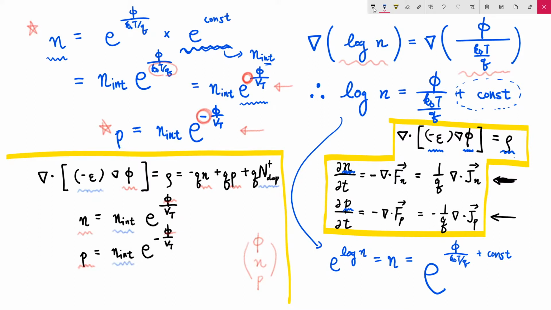And when the temperature is given, our thermal voltage is also given. In this case, the system really contains just dependencies on given parameters, or electron density, hole density, and electrostatic potential. They are unknown variables. So that system is really determined, and you can solve it.